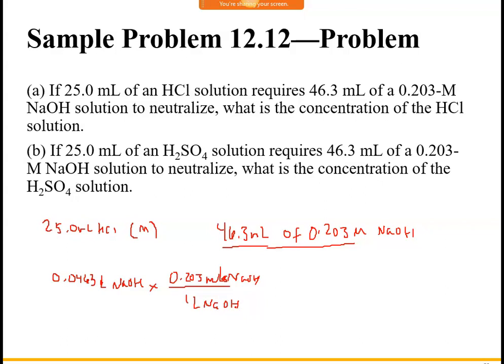So if we do that, calculate it real quick: 0.0463 times 0.203. So I get 0.0093, let's just round this up, 99 moles of sodium hydroxide.